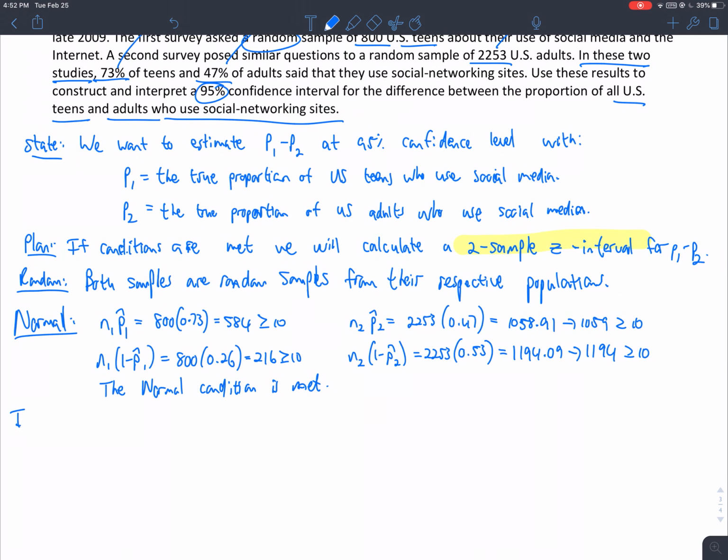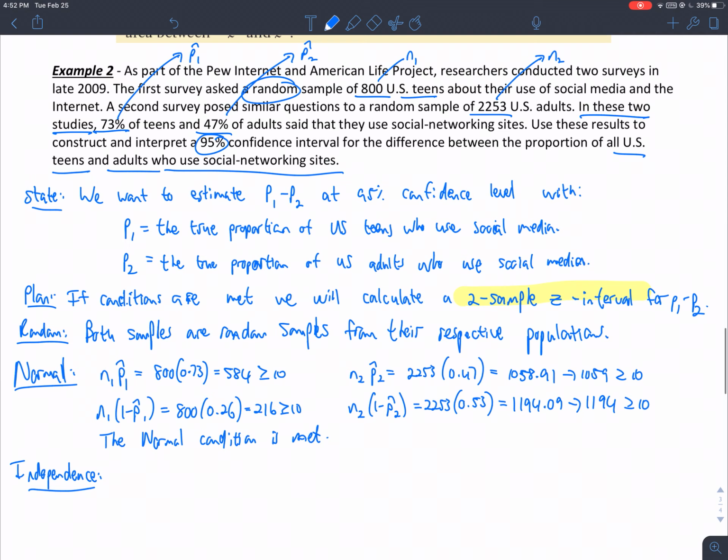And then independence. So the 10% condition. Here's my question: are the two samples independent? I randomly selected 800 US teens and then randomly selected 2,253 adults.